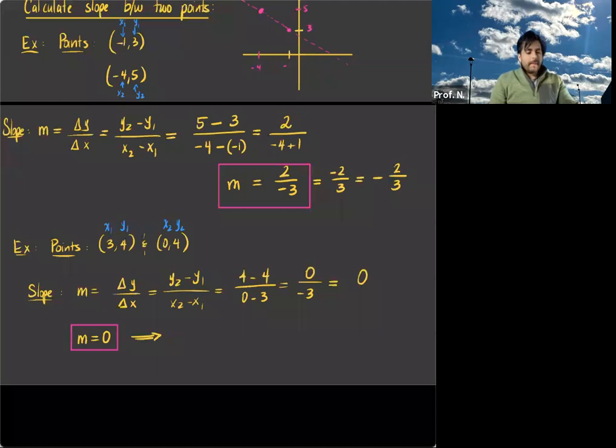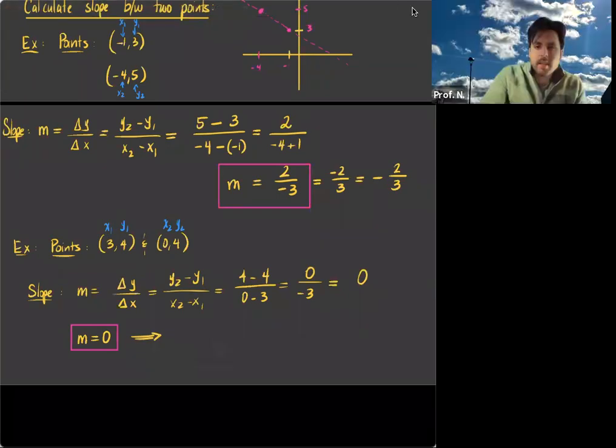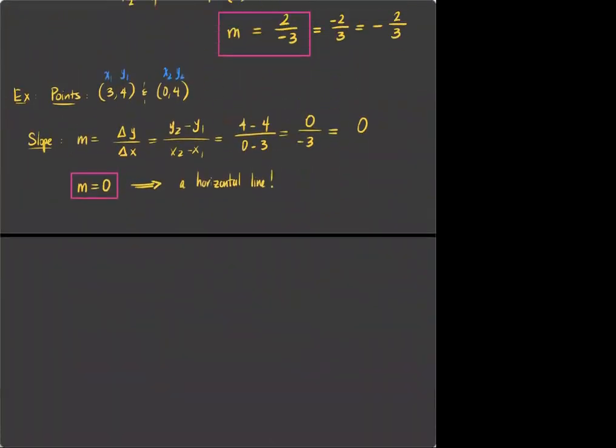It would be a horizontal line. Thank you. Who was that? Can you say your name? Maria. Thank you, Maria. So it's a horizontal line. Good. Thank you, Tyler. Yes, that's right. It's horizontal.